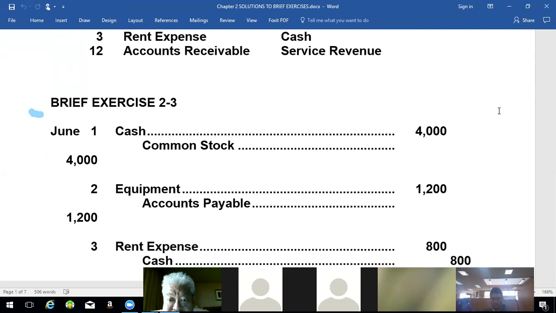So you see there that equipment is debited because it increased by 1,200. Accounts payable, we didn't use cash. We said to the other party that we'll pay them later. Accounts payable increased, and we show that increase with a credit of 1,200. And then as far as the June 1st, I'm sorry, when cash was contributed to the business, it became the business's asset.